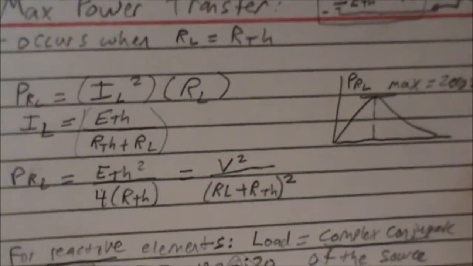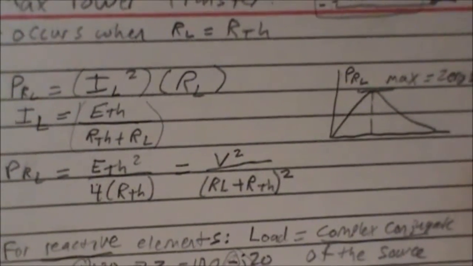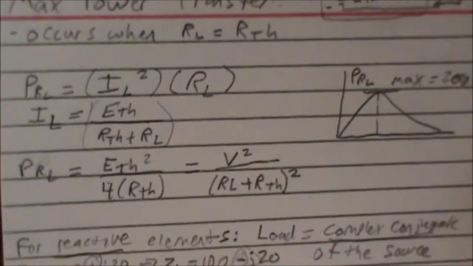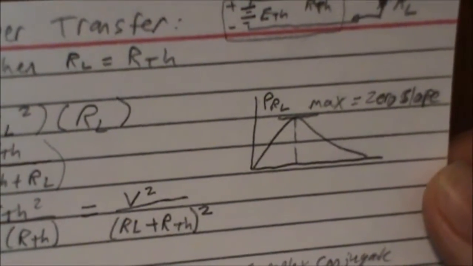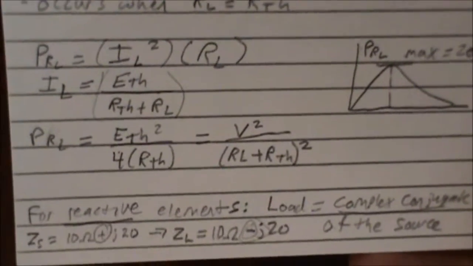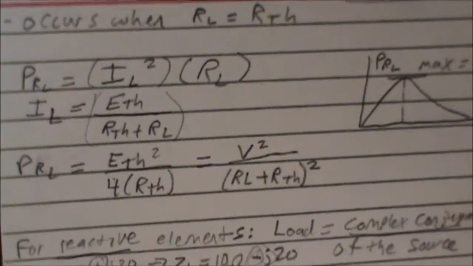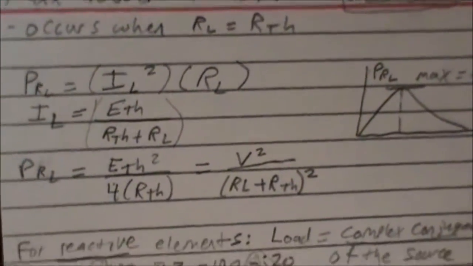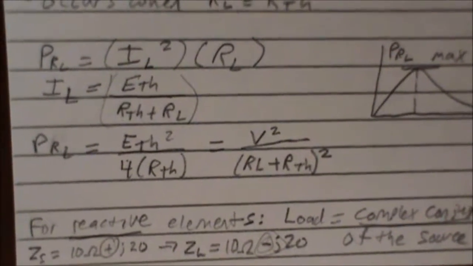The other way is V squared over R, and then simply volts times amps, or V times I, is your power in watts. And as you see, you get the max power transfer when your slope is 0. And then we have your current, which is I equals E over R. In this case, the R is the sum of your Rth plus your resistance load.